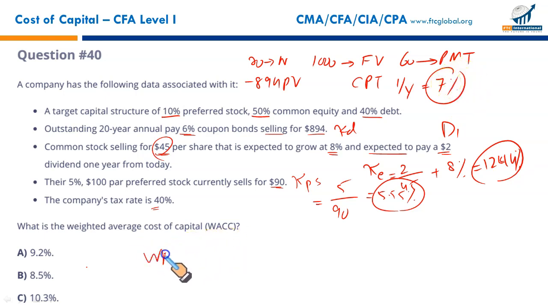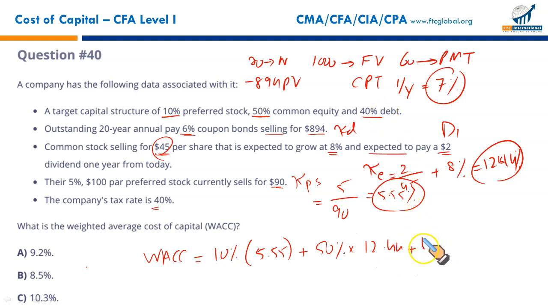Next step is to calculate the weighted average cost of capital. Your preferred stock first is 10%. Cost of preferred stock is 5.55, plus next is 50% common stock, 50% of 12.44, and the debt is 40%. 40% of debt, and don't forget this 7% has to be written in after-tax form and the tax rate is 40%.